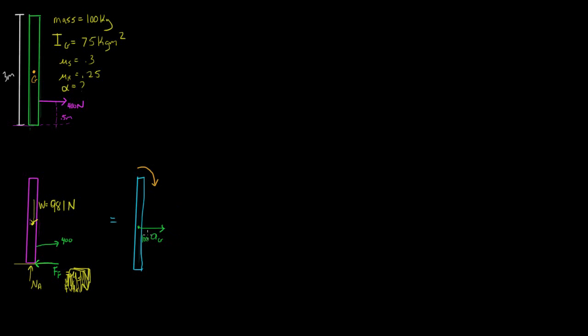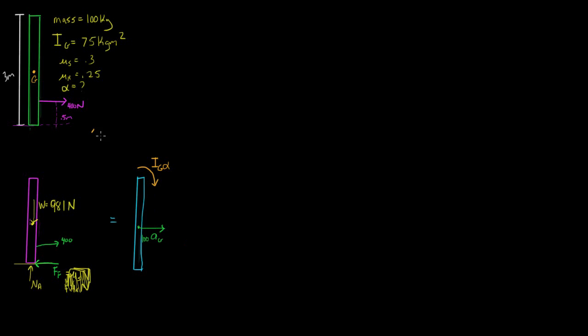So the acceleration of the center of mass and its angular acceleration, the directions of these work together. So we're going to say that this is falling in the clockwise direction, and this is being pulled towards the right.